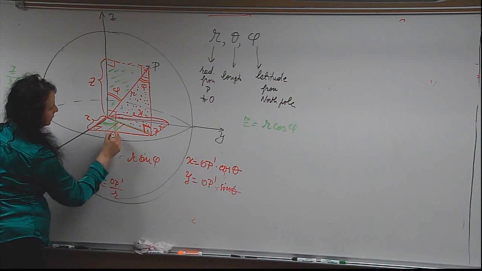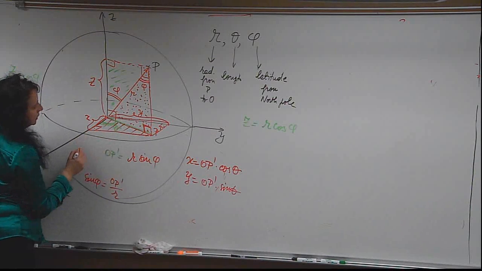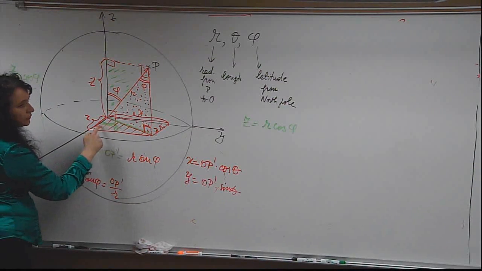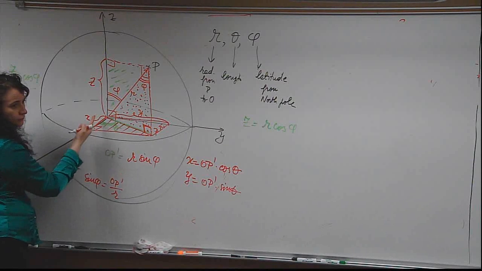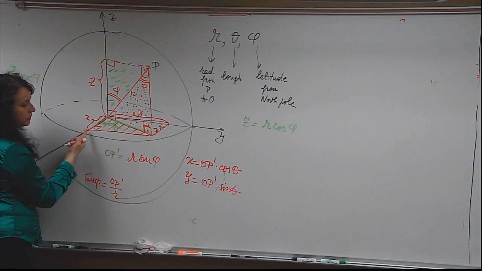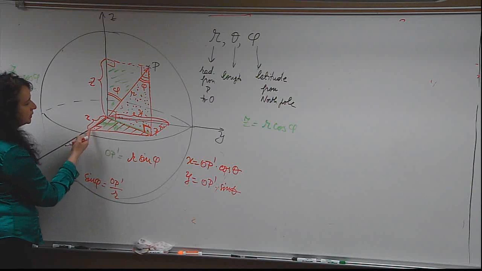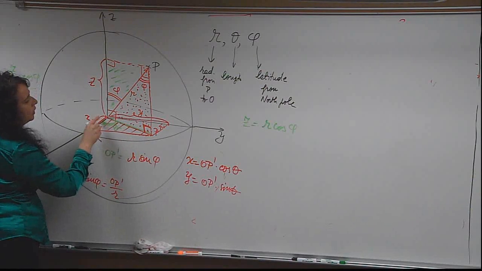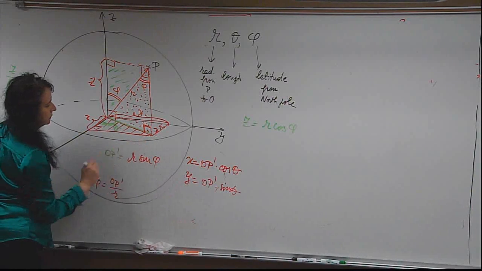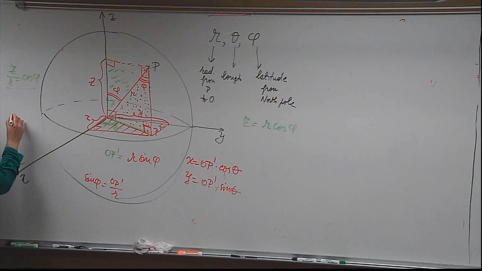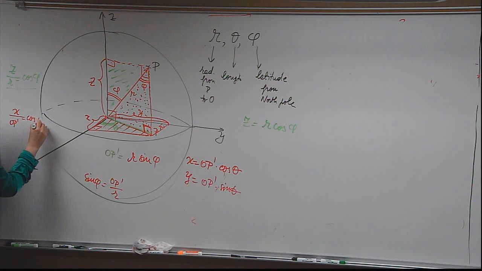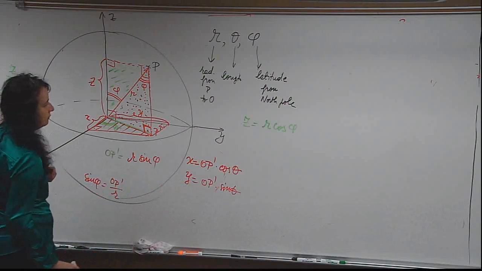So I have a right triangle. And if I take the angle theta, this is adjacent for the angle theta. So cosine theta is X over OP prime, the hypotenuse. So X over OP prime is going to be cosine theta. Y over OP prime is going to be sine theta.